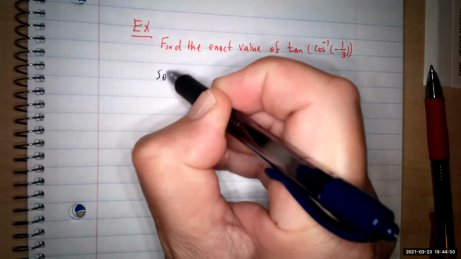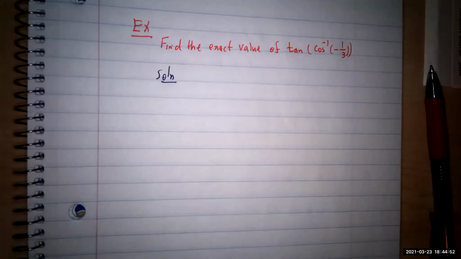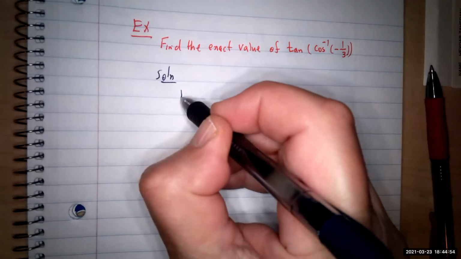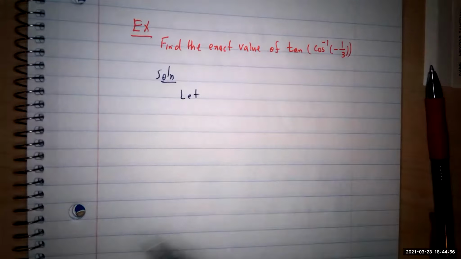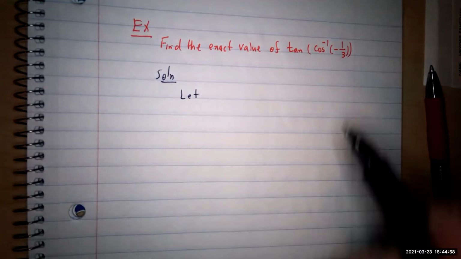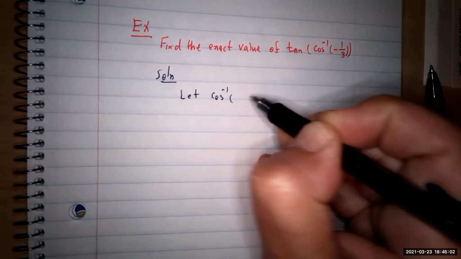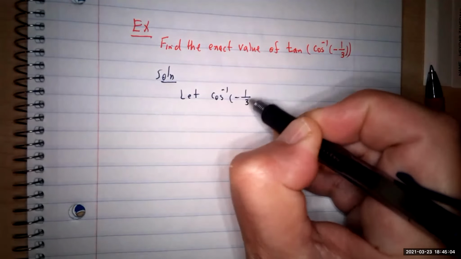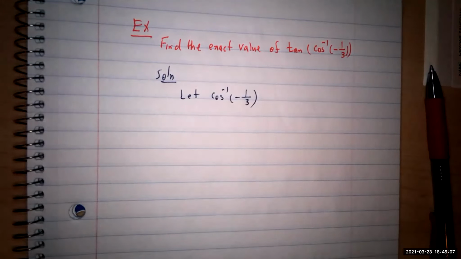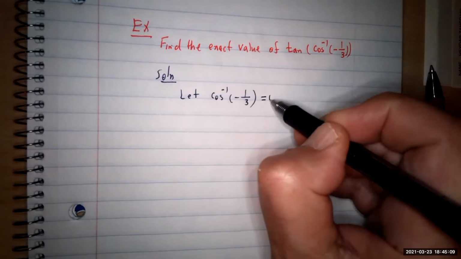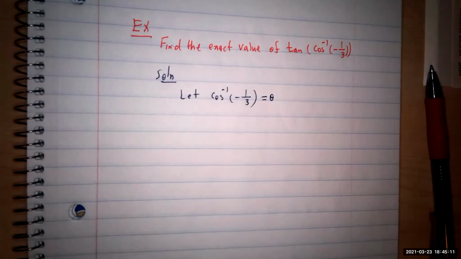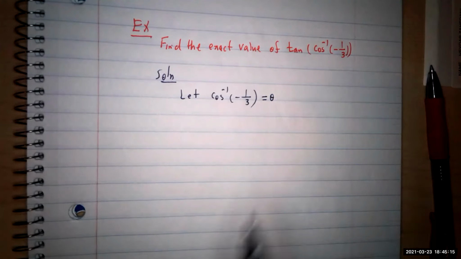Okay, so the solution is going to be, give it a name. Let theta be the cosine inverse of negative 1/3. You may call it theta if you like. As soon as you do it, then you switch it.